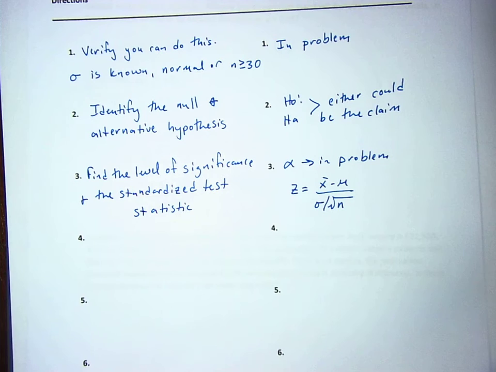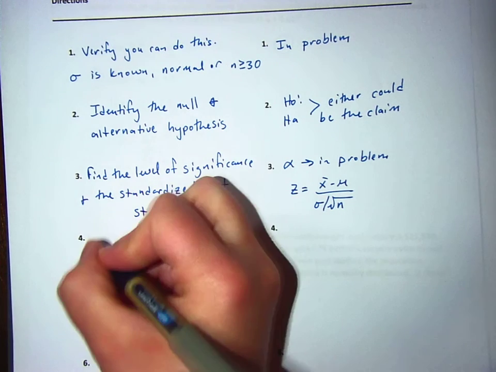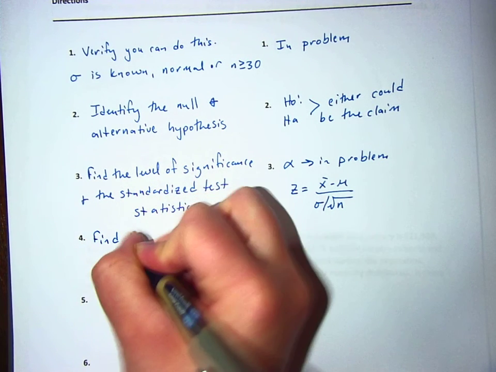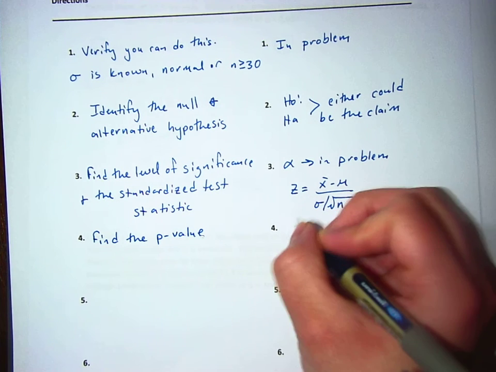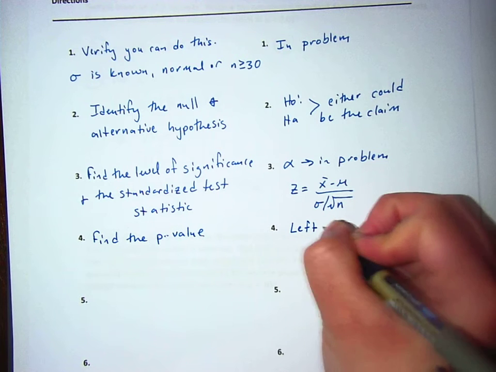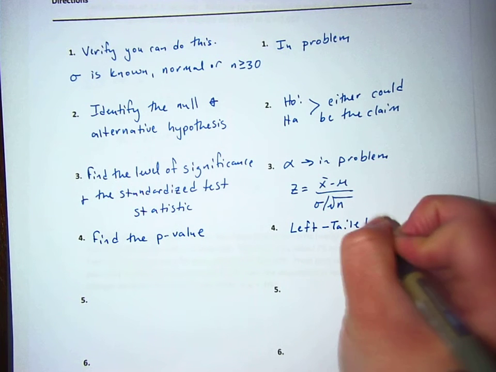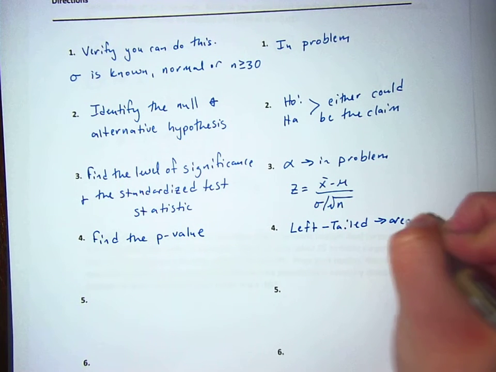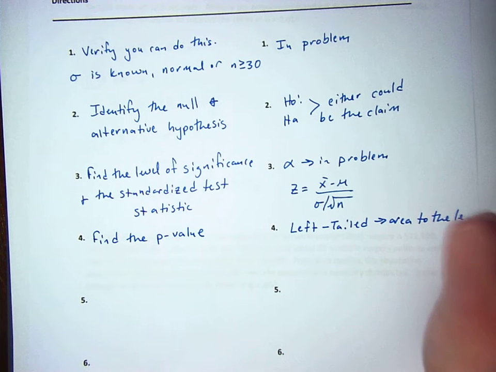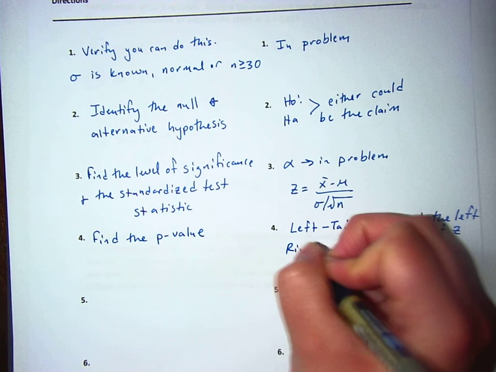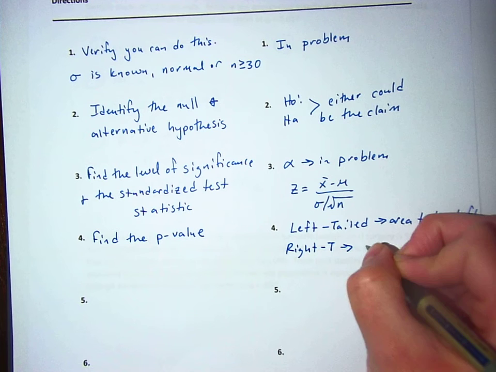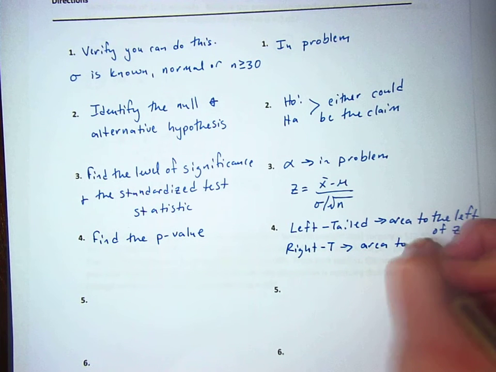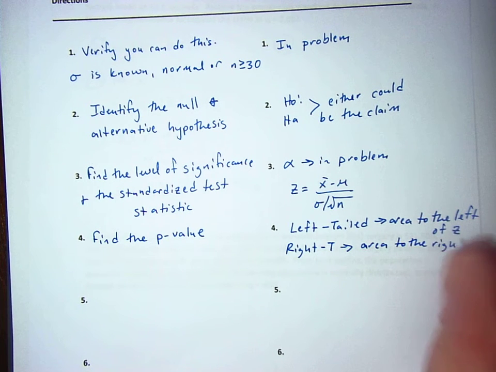So for step 4, you need to find the p-value. If it's a left-tailed test, it is the area to the left of z. If it's a right-tailed test, it's the area to the right of z.